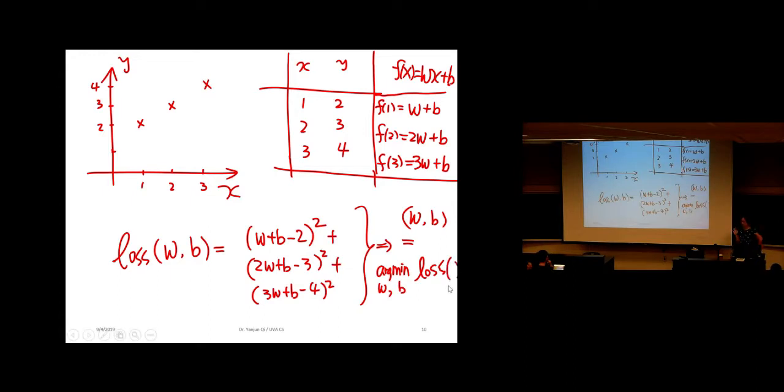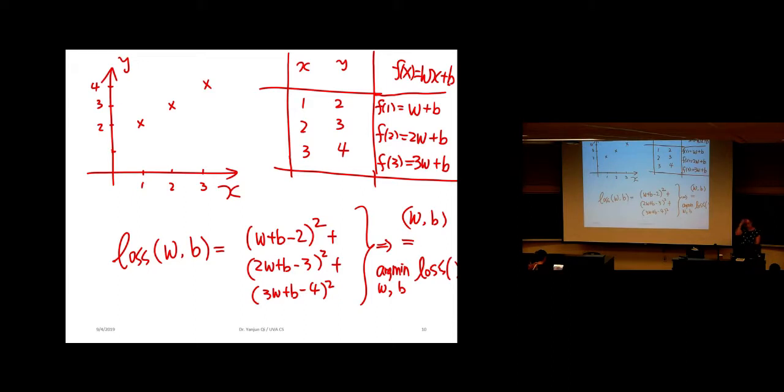And I hope you know how to optimize this function. There are certain properties of this function because it is a quadratic in its parameters.